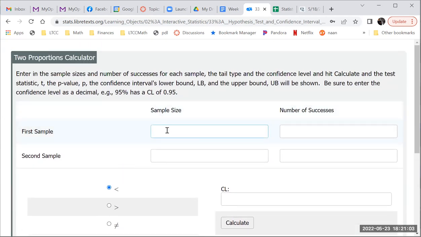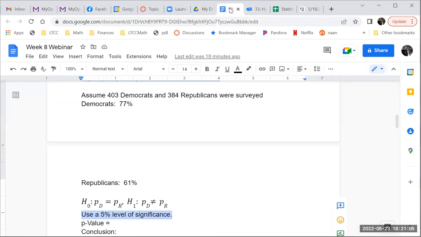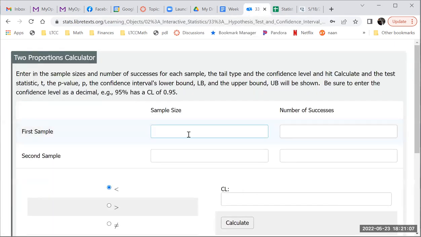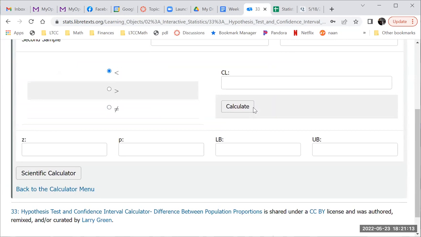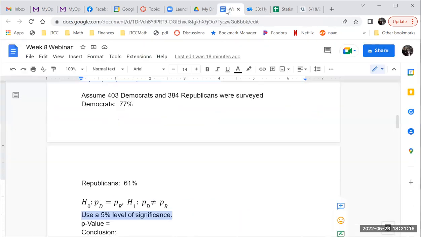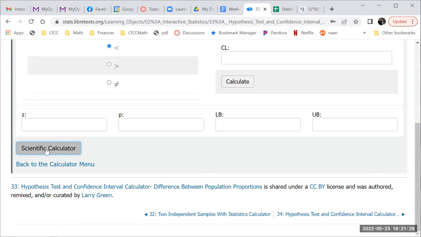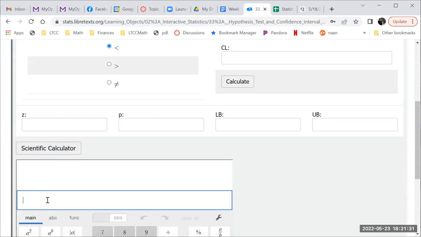Okay, so in our first sample, the sample size again was 403. The number of successes we have to work on a little bit, because we're only given 77%, because that's what the news article told us. But how do you find the number of people who said yes if 77% said yes out of the 403? 403 times 0.77, which is 310.